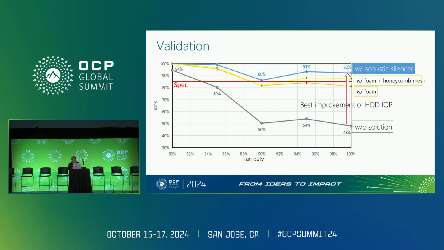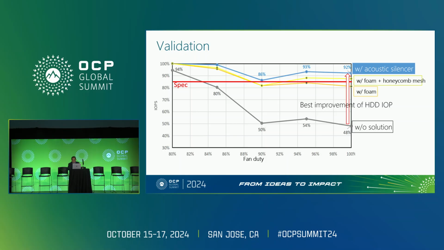This scenario indicates that the HDD may be at risk under such utilization patterns. In some worst-case configurations, neither porous foam nor honeycomb mesh proves sufficient to mitigate this risk.